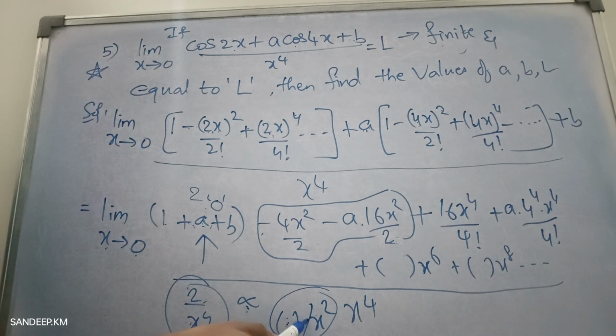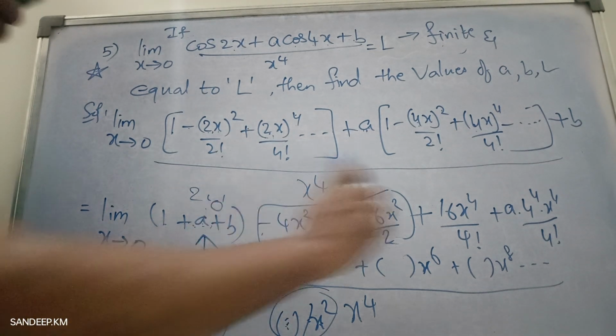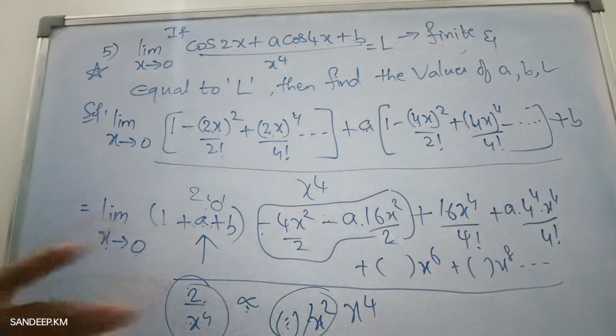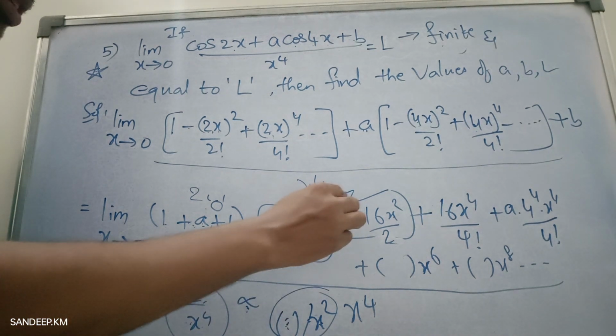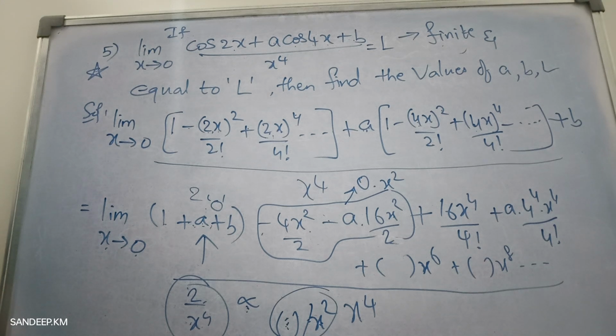For example 2 divided by x square, with x approaching 0, 2 divided by 0, this term will become infinity and the entire answer becomes infinity. But the answer is finite. What is the meaning of it? It means that the coefficient of x square also should be 0. It should be 0 into x square.